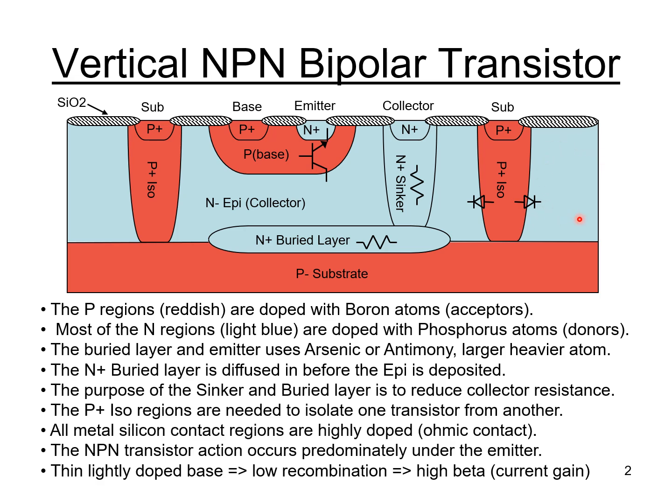If we look at the right side, we have a region labeled P plus ISO that's interposing between the collector of the transistor in the middle and the collector of the transistor on the right side, not shown, it's sort of off the drawing.